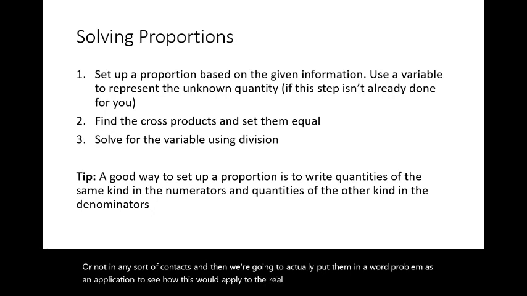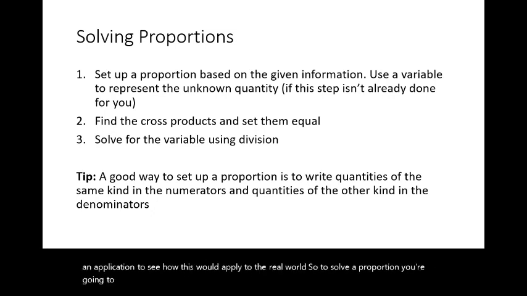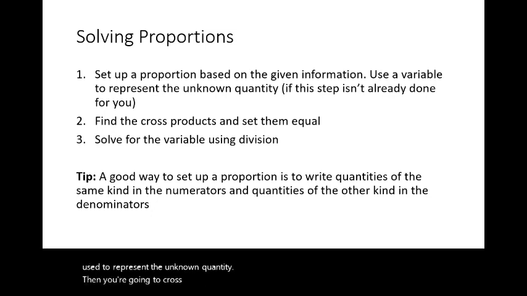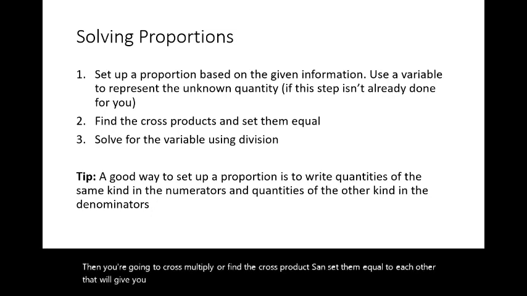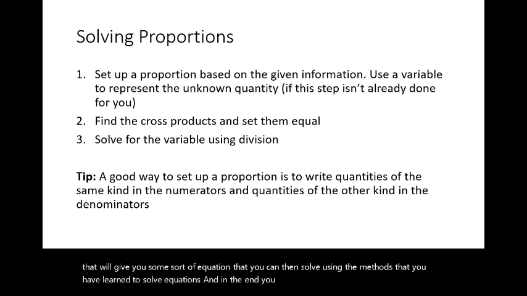So to solve a proportion, you're going to set up a proportion based on the given information, and the variable is going to be used to represent the unknown quantity. Then you're going to cross multiply or find the cross products and set them equal to each other. That will give you some sort of equation that you can then solve using the methods that you have learned to solve equations, and in the end you will be dividing both sides by something.